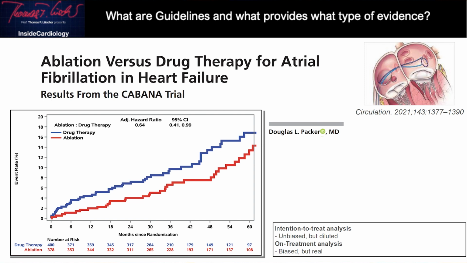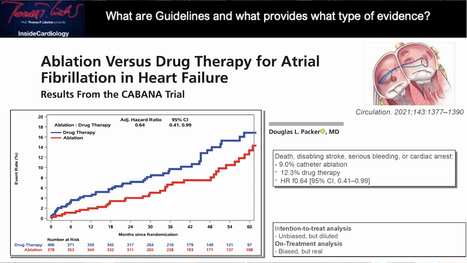So what can we say from that? Well, death, disabling stroke, serious bleeding, and cardiac arrest was 9% with catheter ablation, and in this analysis 12.3% with drug therapy, and this was a hazard ratio of 0.64 that was significant. Now, what is better in a device trial, intention to treat or on-treatment analysis?